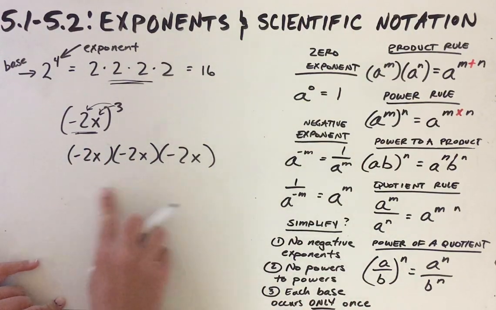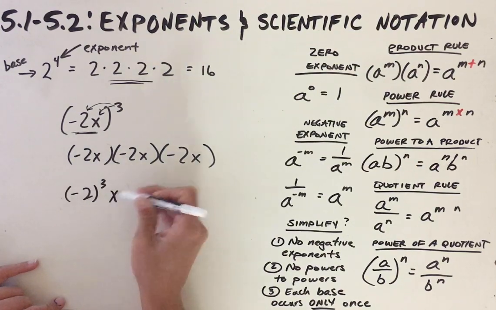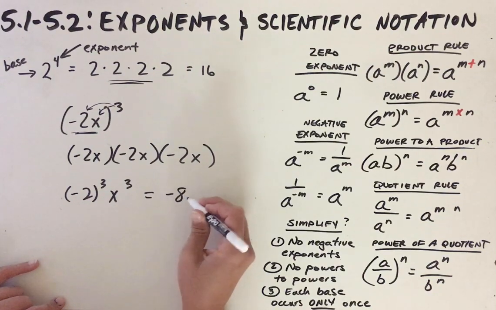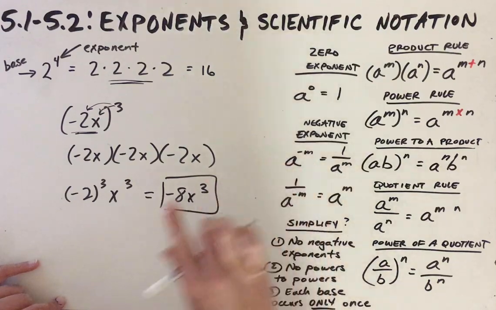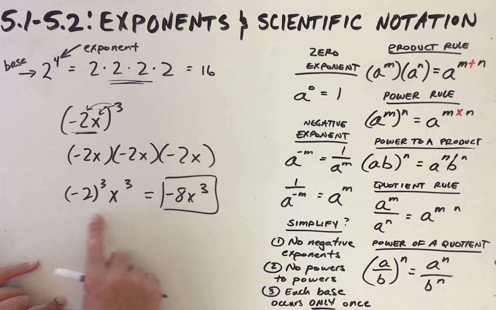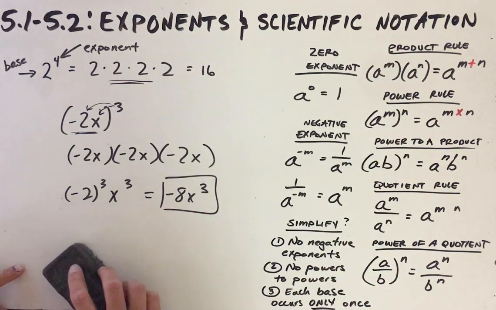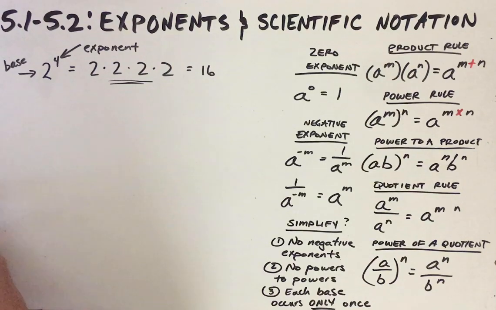So really, I could think of this as negative 2 cubed times x cubed, and this would give me, again, negative 8x cubed. So you can see it expanded here, and you can see the exponent rule here. Okay, let's do another one of these with this product to a power rule.